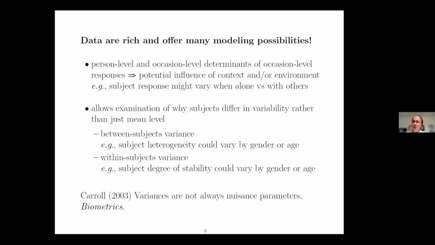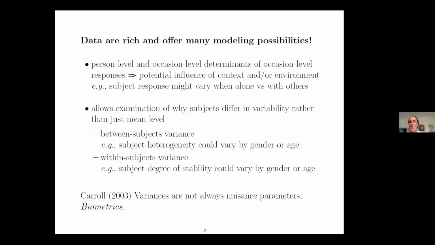And so why do we want to do this? Well, this can help us learn about why it is that subjects are similar or different from each other, subject heterogeneity. So as we'll see, it can be the case that different groups of subjects are more similar to each other and other groups of subjects are more disparate from each other. That's the between subject variance.